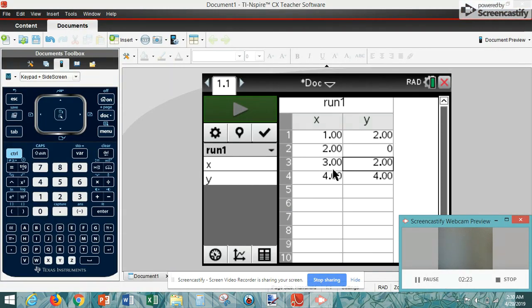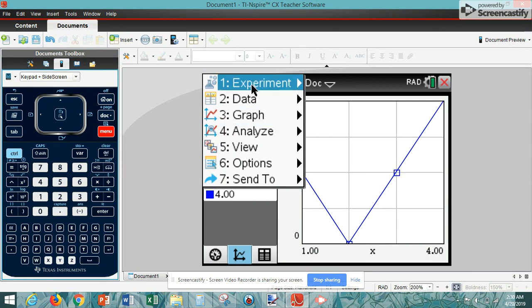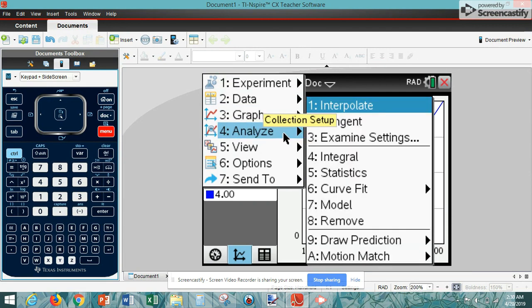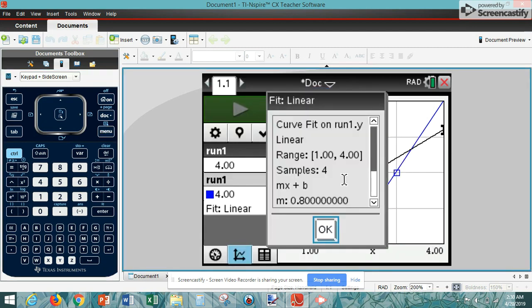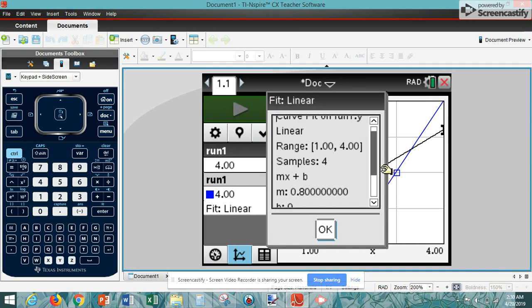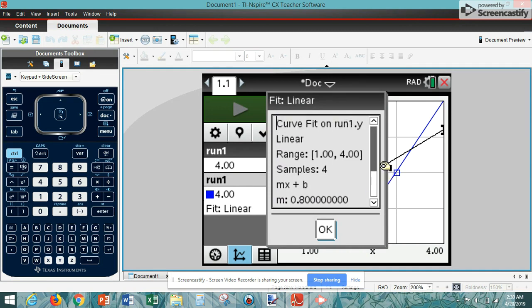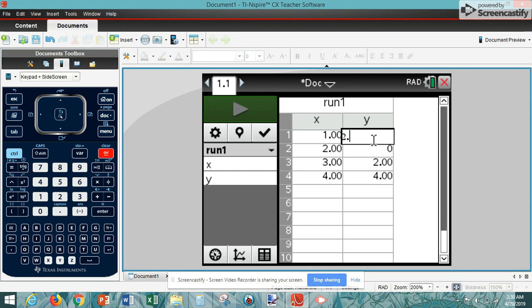Once you're done typing in the numbers, you can click on this graph icon, and then go to Menu, 4, 6, and then Linear. Also, always check to make sure that all of your data points are input correctly.